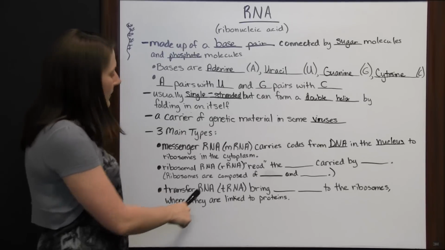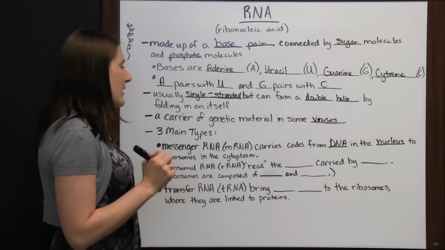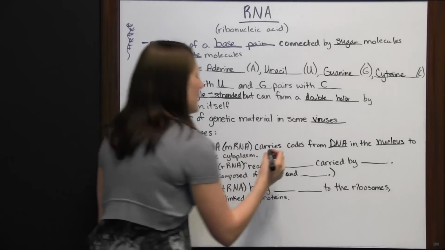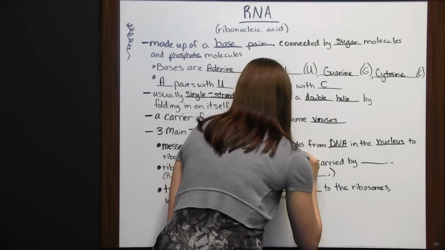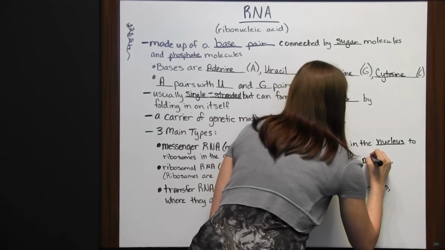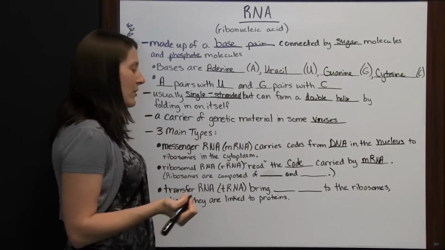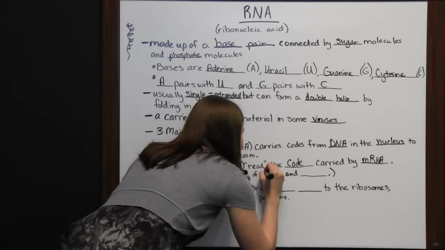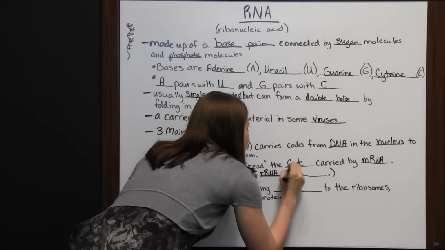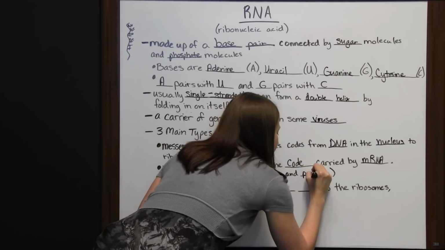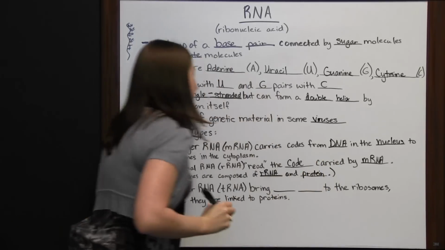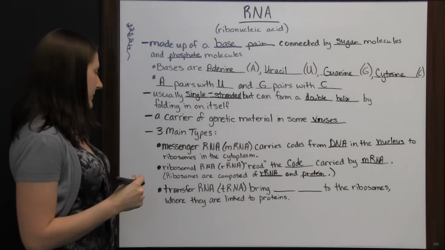Ribosomal RNA, or rRNA, reads that code carried by the messenger RNA. And ribosomes are composed of the ribosomal RNA and proteins. So the ribosomal RNA is a big part of ribosomes.